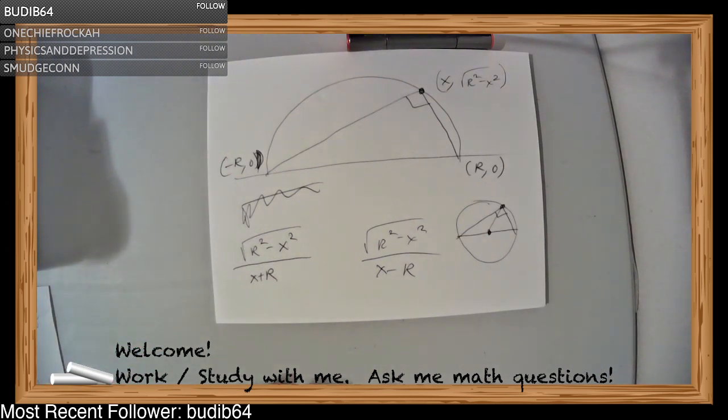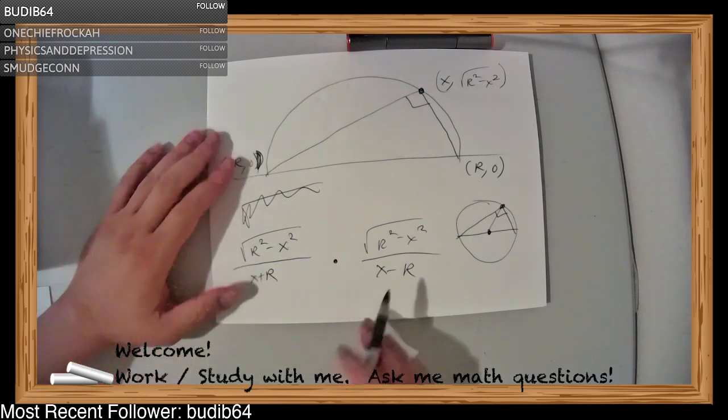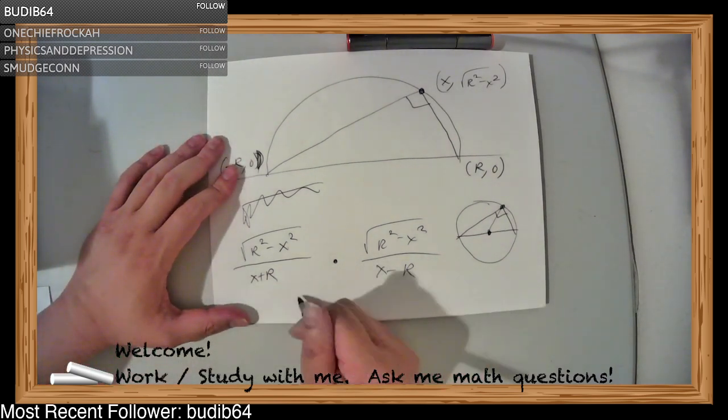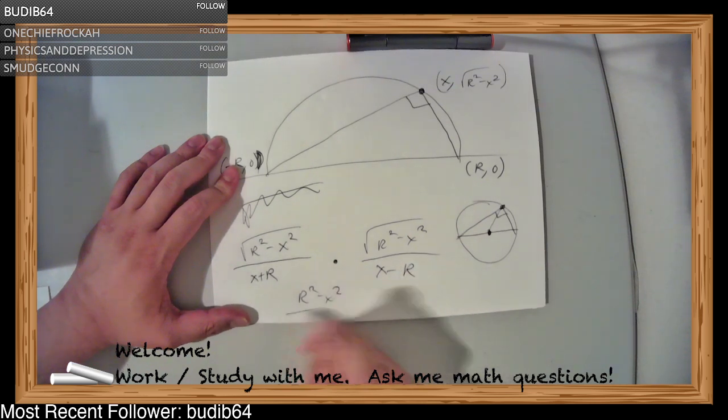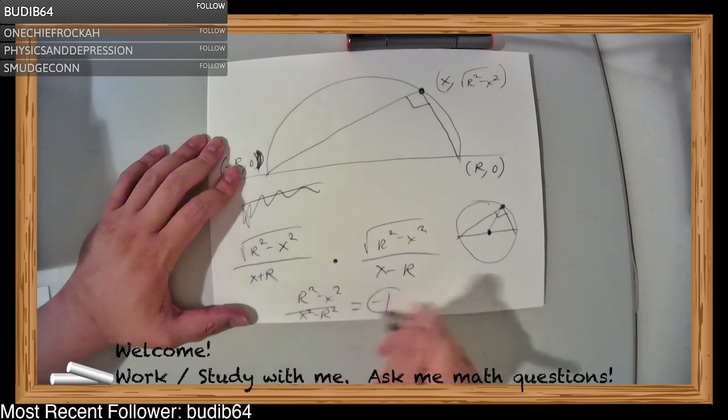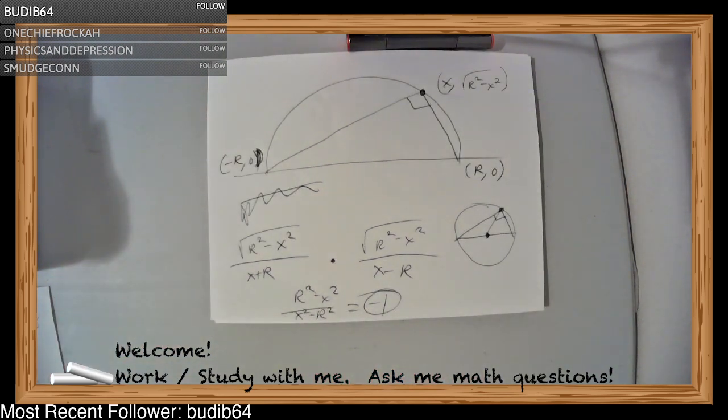If I multiply these together and they become negative 1, that means they were negative reciprocals. So r squared minus x squared over x squared minus r squared, and we get negative 1. And there you go. That is the end of the proof.